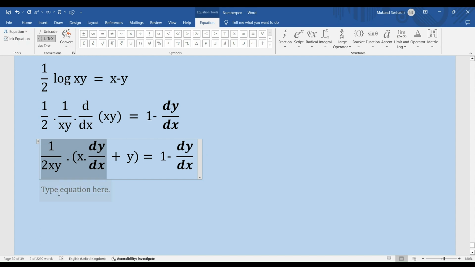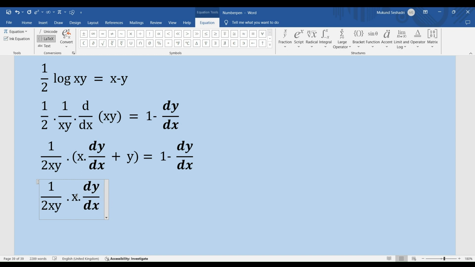I rearrange this like this, and I take my minus dy by dx on the right, I take it to the left, and then I retain my 1, and then I will have a minus of 1 by 2x, right?